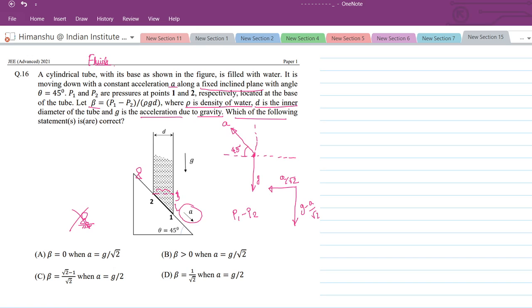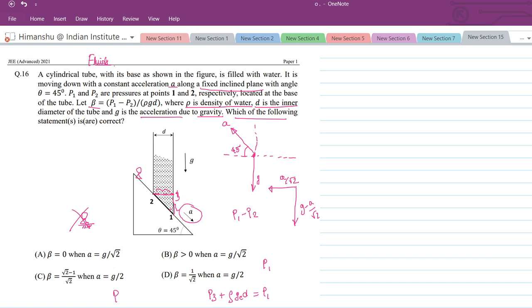On moving from 3 to point 1, we get p3 plus rho g effective d equals p1, because this is 45 degrees and this is the diameter, so this will also be d.